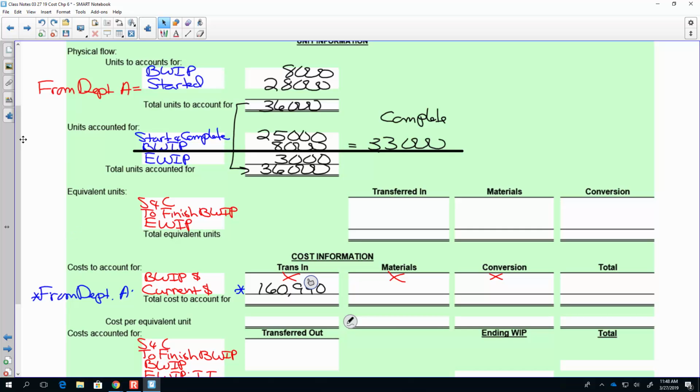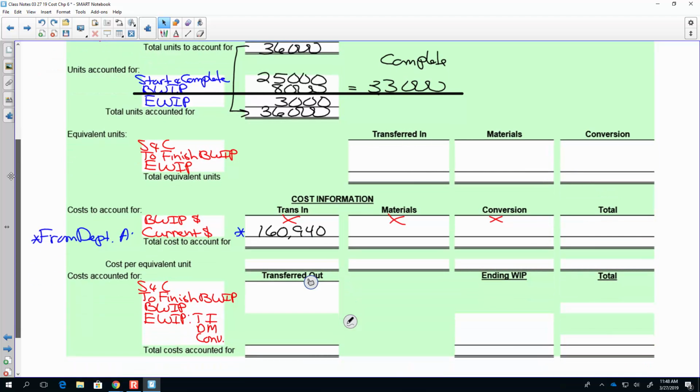Okay. Step 2. Let's add our percentages first. Started and completed will always be what? 100%. So these are my 3% columns. I'm going to squeeze them in here. All right, FIFO method.